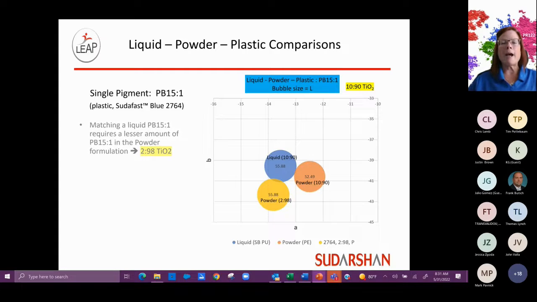So there's more value in use of this particular pigment in the powder coating formulation, and that allows us to match the formulation that develops from the liquid formulation.